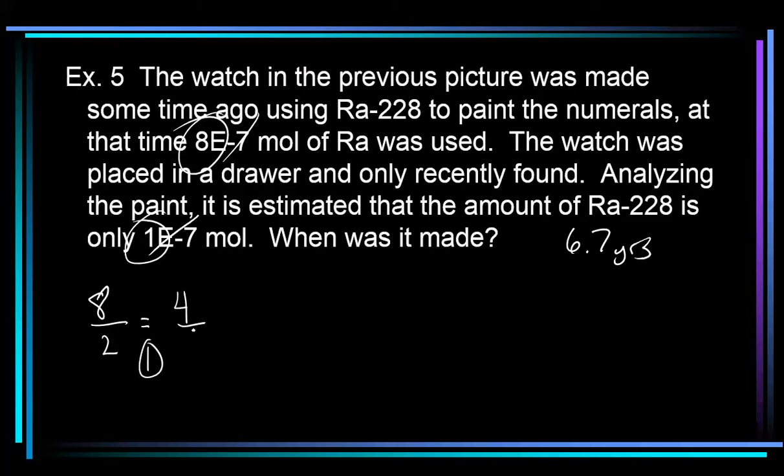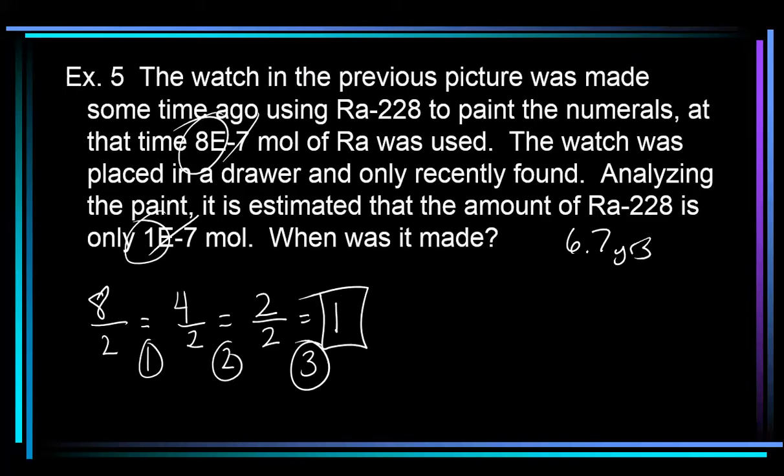4 divided by 2 gives you 2, and that's another half-life. 2 divided by 2 gives 1, and that's another half-life. And the really cool thing is, that was our goal.